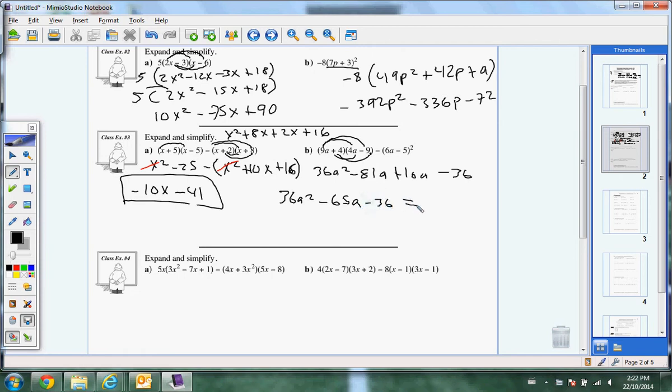Okay, now we need to do this side. Or not equals, excuse me, it's a minus sign. Okay, so this one's a square though, so what's this one going to be? Joseph, do you want to try that? 6a minus 5 squared. What's that one going to work out to be? The pattern?